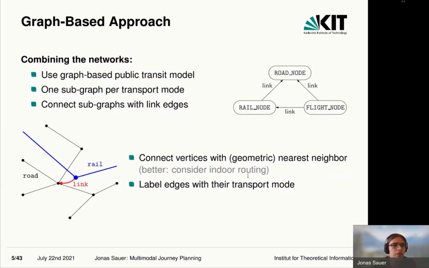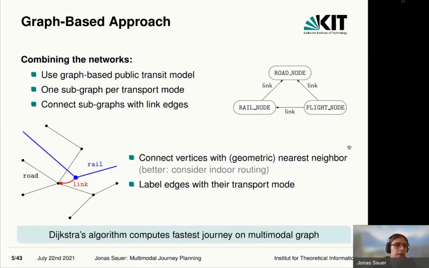Then we have to label each edge with its transportation mode. So this edge is labeled link, these edges from the rail network would be labeled rail, and here we have a road network. Now we can apply Dijkstra's algorithm on this graph, and this will give us the fastest journey using any kind of modal combination that is possible.